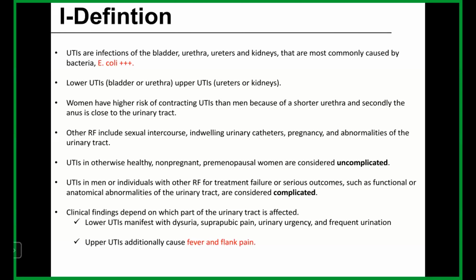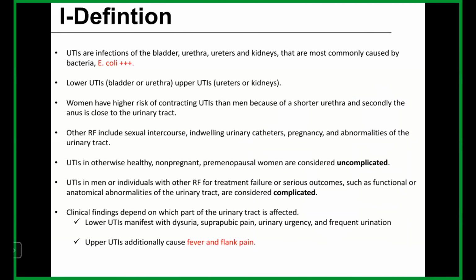Unfortunately, men or individuals with a high risk factor for treatment failure or serious outcomes, and at the same time, a recurrence of the infection or functional or anatomical abnormality of the urinary tract, are considered as a complicated infection. When this kind of patient comes to the hospital, we have to take them seriously in charge.